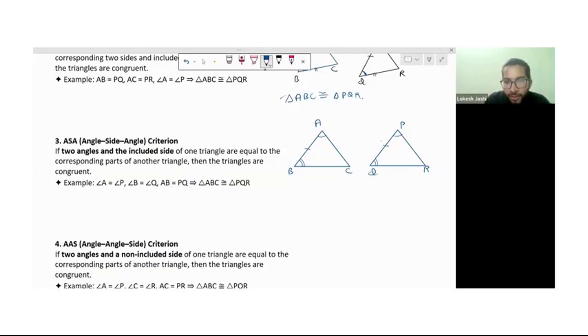We can observe that these angles are equal and these sides are equal, and again these two angles are equal. So it follows the pattern of angle, side, and again angle. So we can say triangle ABC is congruent to triangle PQR by the criteria of angle, side, angle. That's the way we can do it.